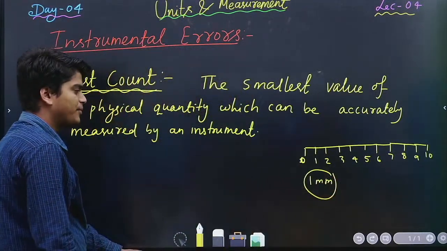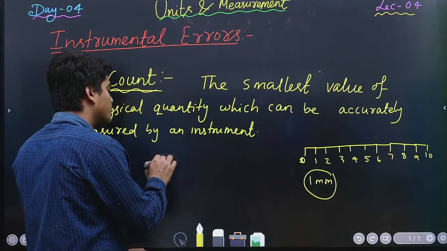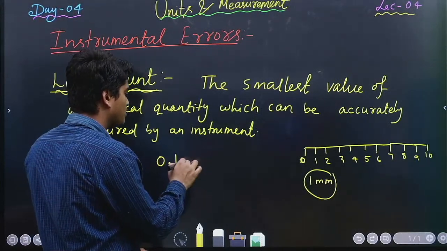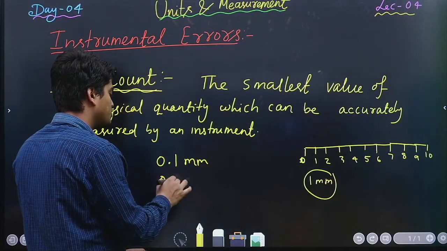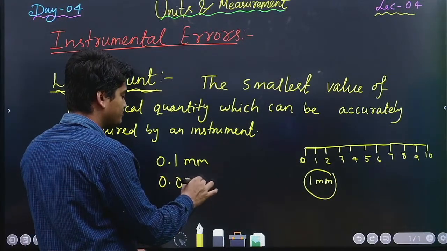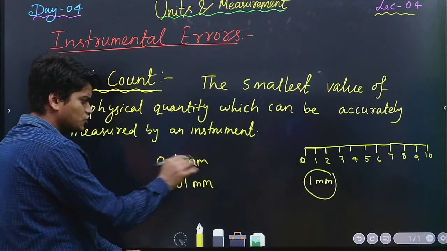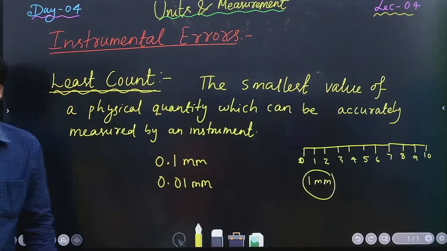And sometimes we'll have the radius or diameter of a wire or something, which can be 0.1 millimeter or 0.01 millimeter. So this type of thing will also be there.